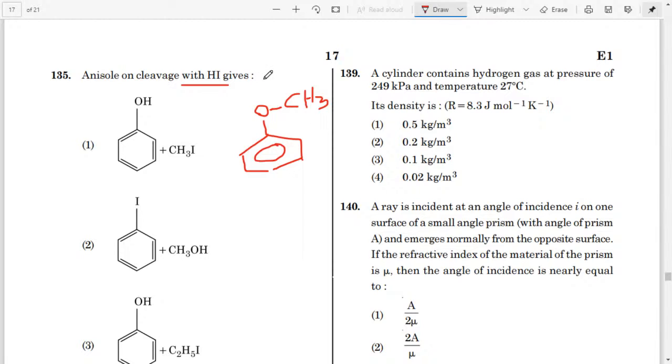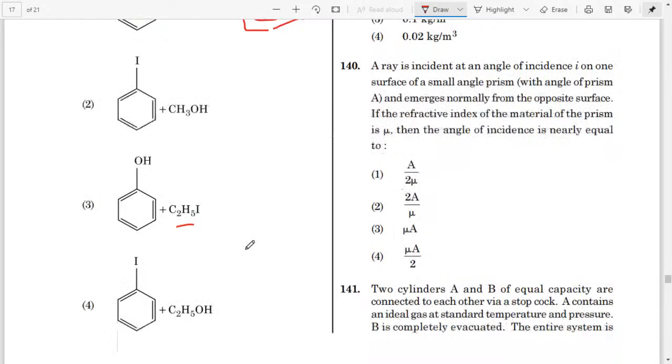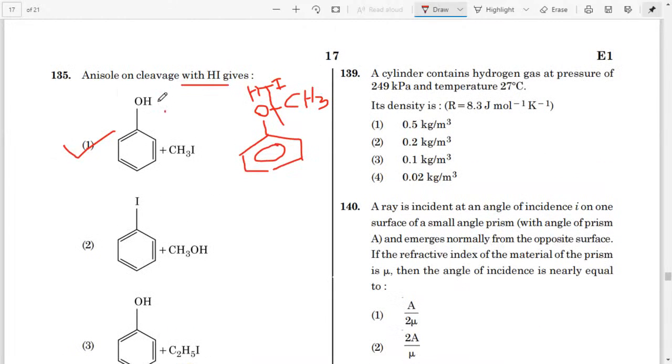No. It is going to break this, form OH here and methyl iodide. So it is going to give phenol plus methyl iodide, which is nothing but option number 1, the correct option, students. There is no question of ethyl iodide, ethanol and iodination, students. Phenol is not going to form iodide just by treating with HI. So it is very important, students. The option number 1 is the correct option.